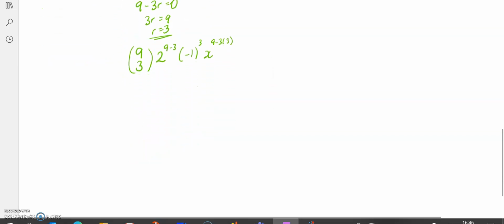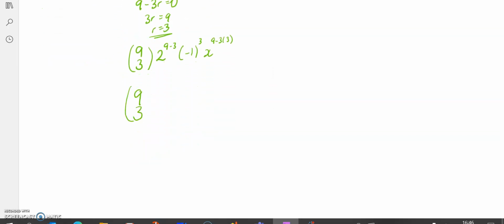We can simplify. 9 choose 3 times 2 to the power 6 times minus 1 cubed times x to the power 0. So the term that's independent of x is going to be this big number here. We can work this out, we can do some maths. It is going to come out to be quite a big number. It's going to be negative as well.